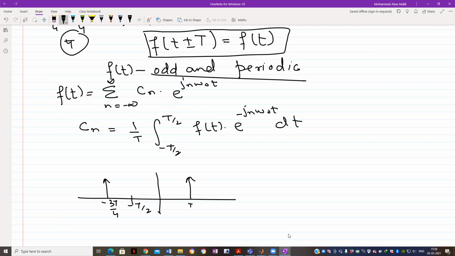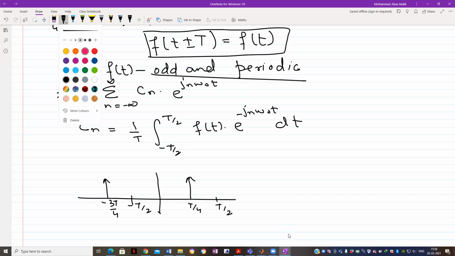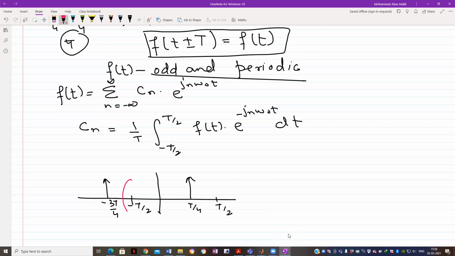Similarly, this is your T by 4 and T by 2 will be here. So from minus T by 2 to T by 2, you have only one delta, and that delta is present at capital T by 4, right?